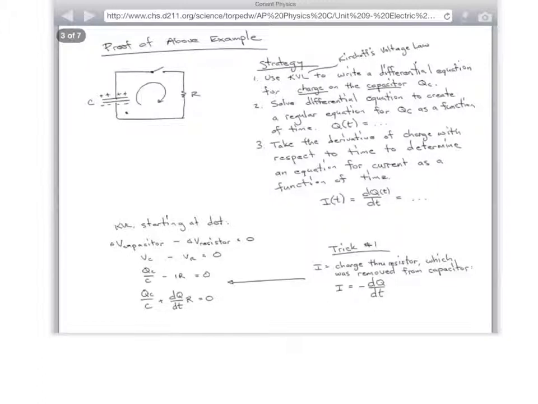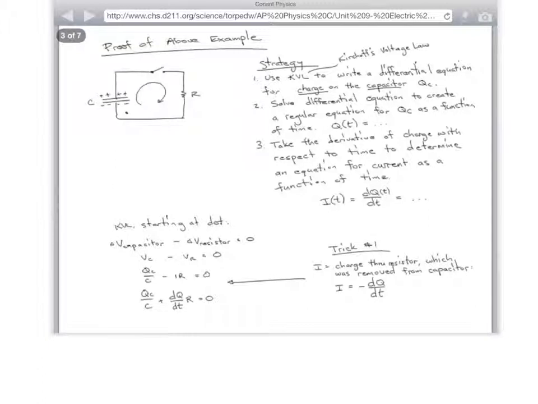Now, if you remember the capacitor equation from yesterday, the voltage across the capacitor is the charge on the capacitor divided by the capacitance, right? Now, the voltage across the resistor, though, is the current times the resistance, right? Now, here's the first trick.